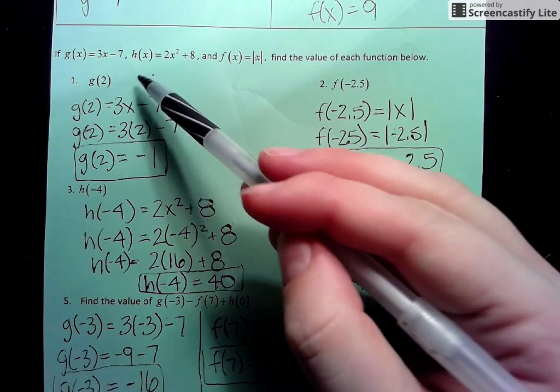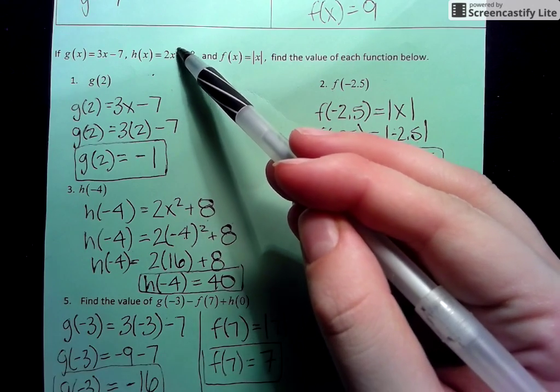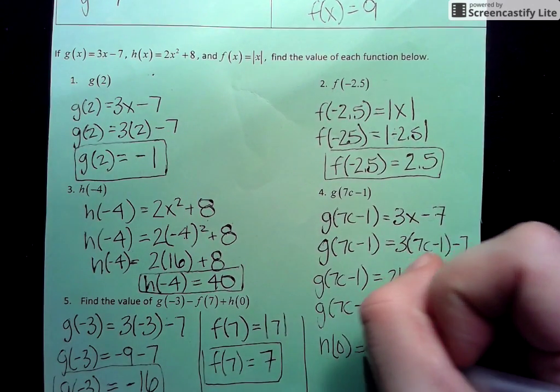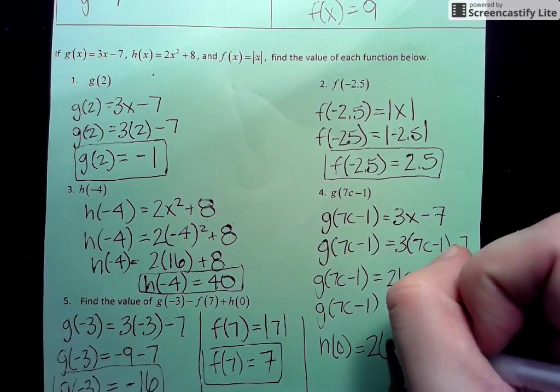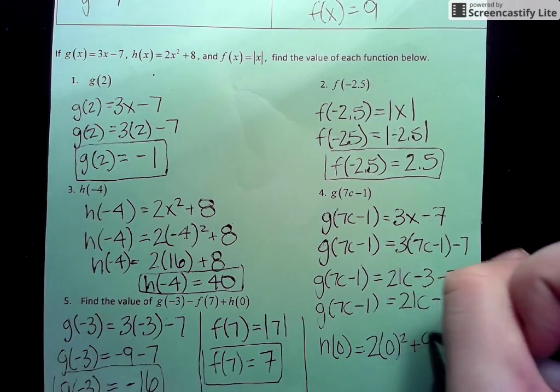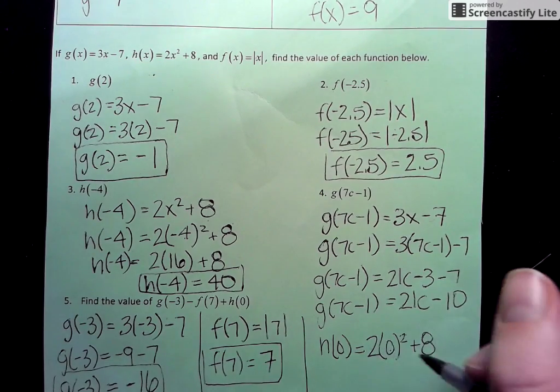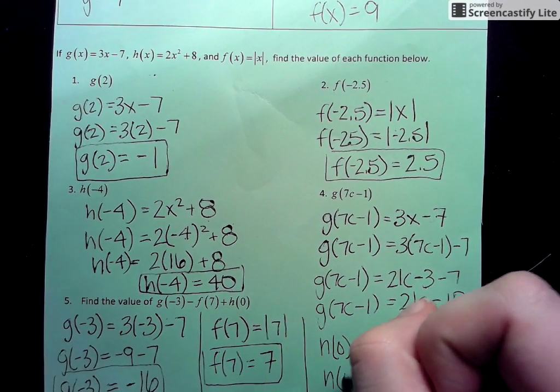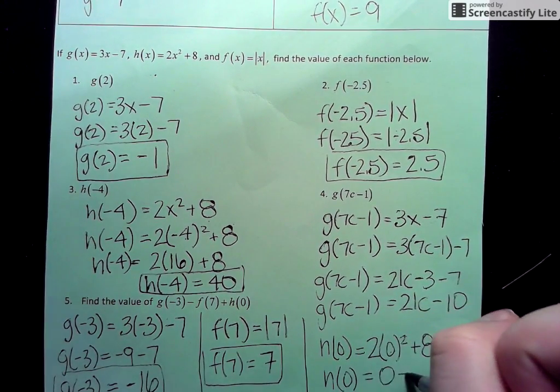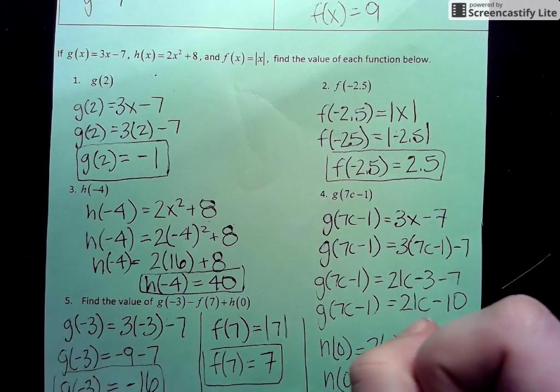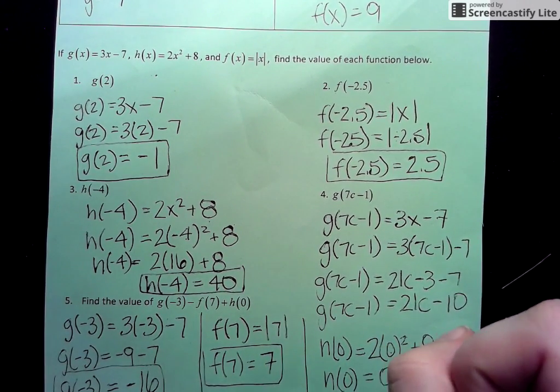So we're going to use h of x is equal to 2x squared plus 8. So 2 times 0 squared plus 8. 0 squared is 0, times 2 is going to be 0. So h of 0 is equal to 0 plus 8, which is going to be equal to 8.